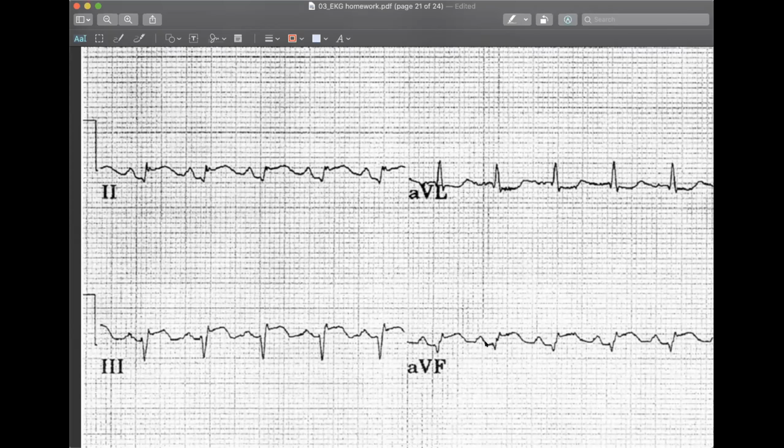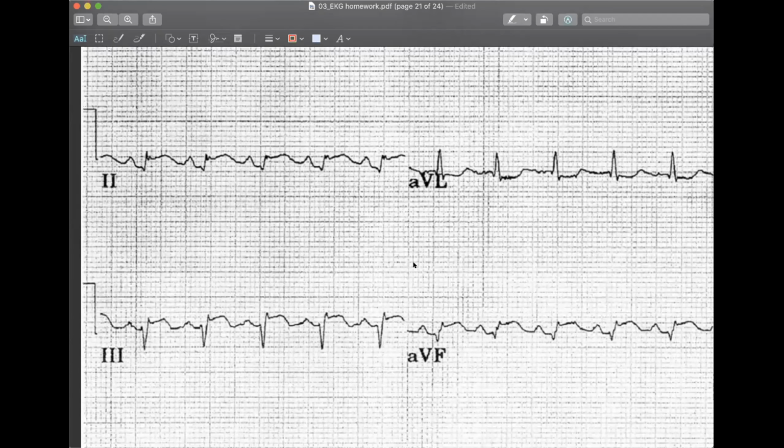Okay, now, as you see here in AVF, this is a PR interval, okay? And if you compare, down is a Q, up is an R. So if you look at this one, this is not negative, this is positive AVF. But as you see here, we do have an ST elevation and a Q wave as well. But then what about lead 3 also being negative?